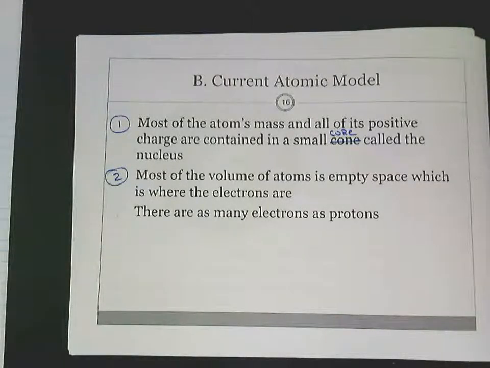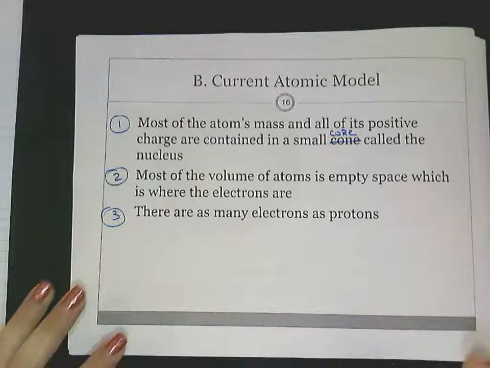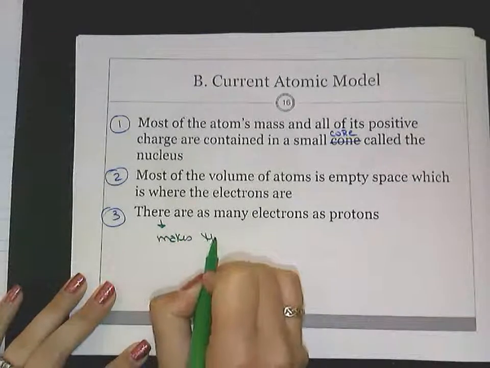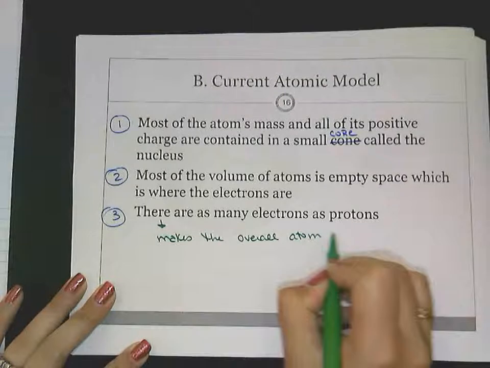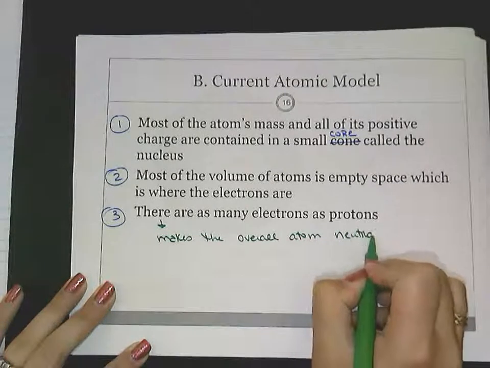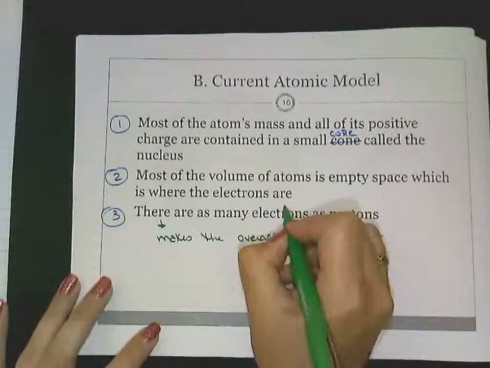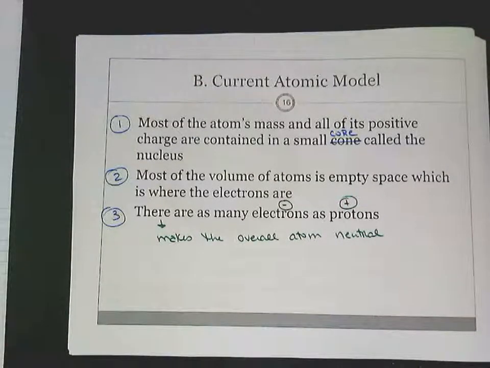And 3, there are as many electrons as there are protons. Right, and that's what makes the overall atom neutral. If you have as many electrons as protons, where the electrons are the negative thing, protons are the positive thing, you have to have an even number, otherwise they won't balance out.